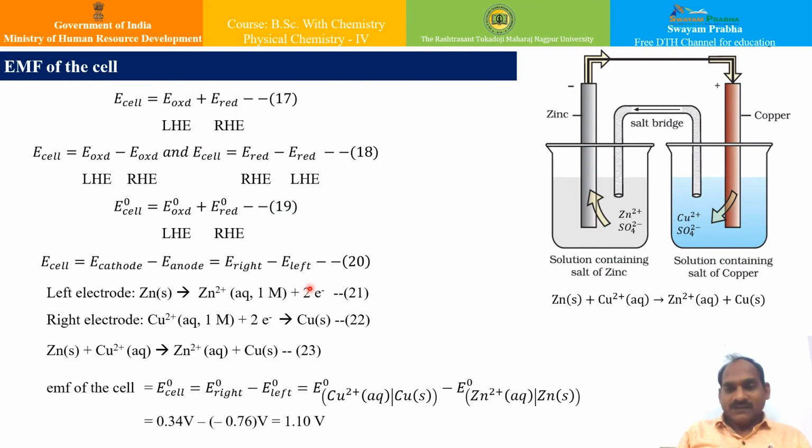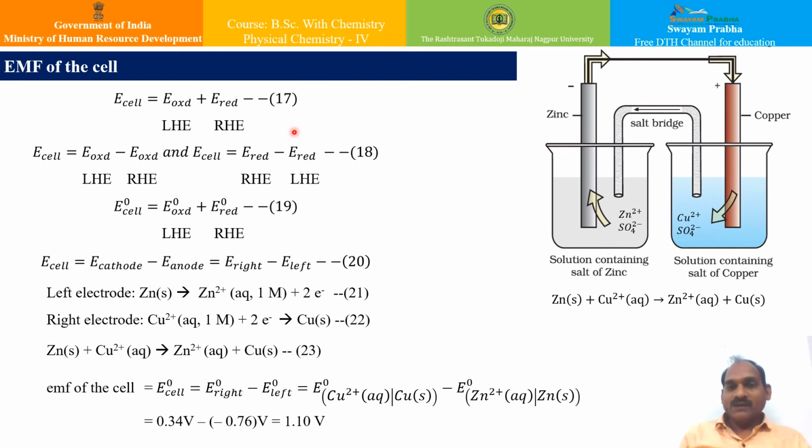So friends, now let us try to understand what is the EMF of the cell. So let us say, what is electrode potential? When you consider any electrode which is dipped into an electrolyte solution, it will always either lose electrons or gain electrons.